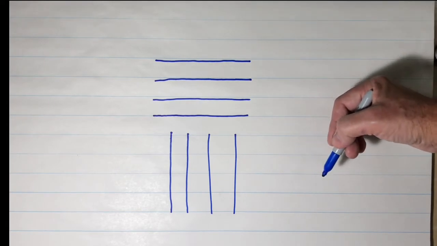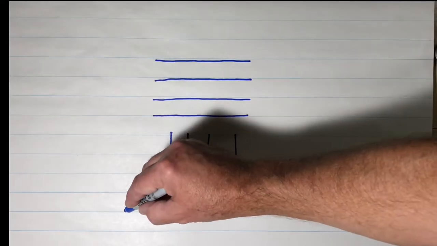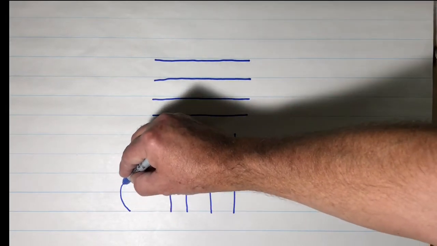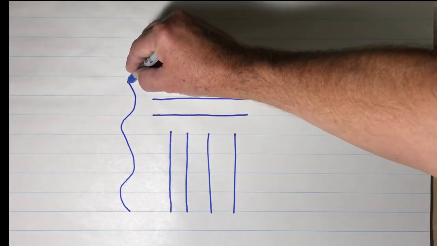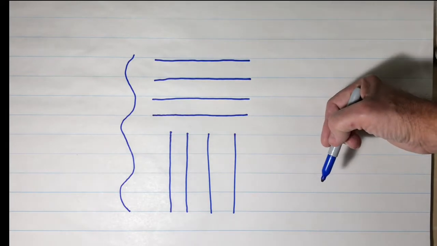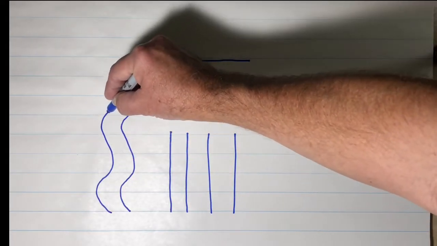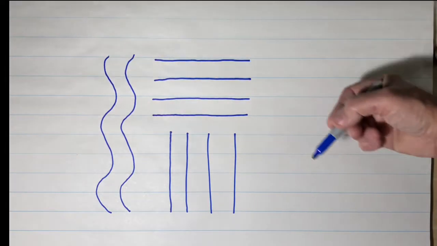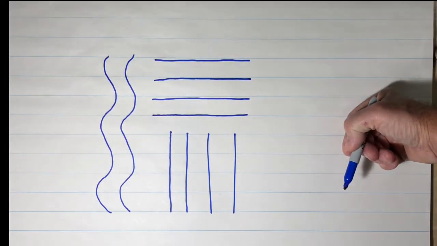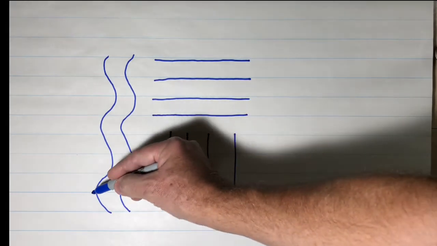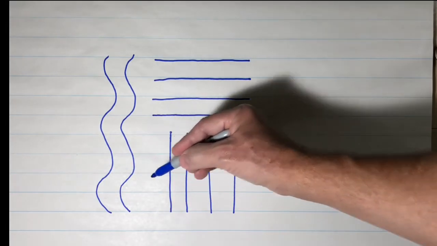Let's draw some wavy lines. I'm going to draw wavy lines vertical. There's one wavy line and 2 wavy lines. Notice how the wavy lines don't have points, they have curves.